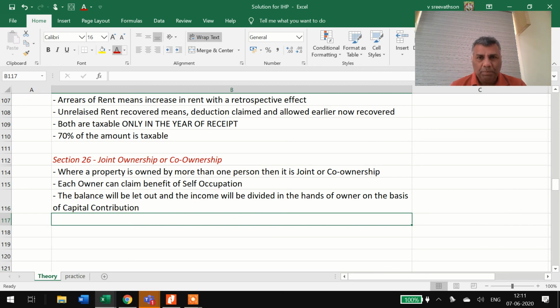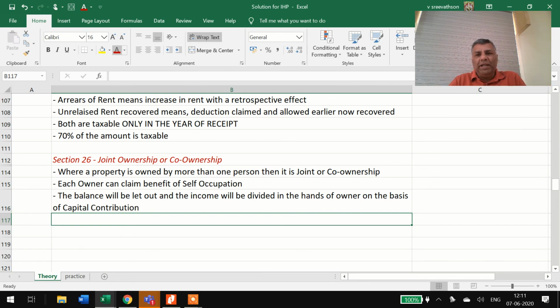So, these are all the ways in which annual value will be computed.